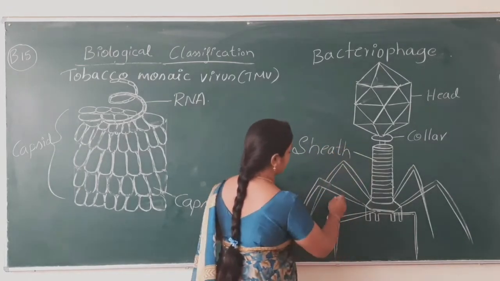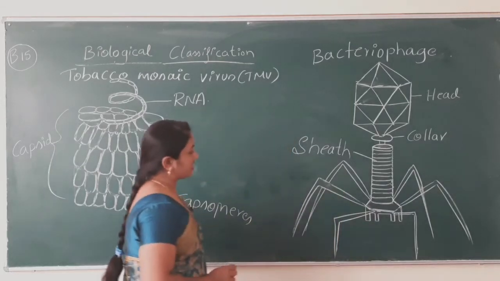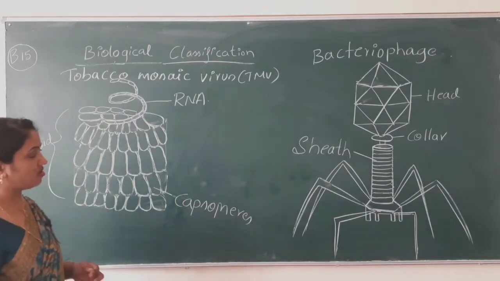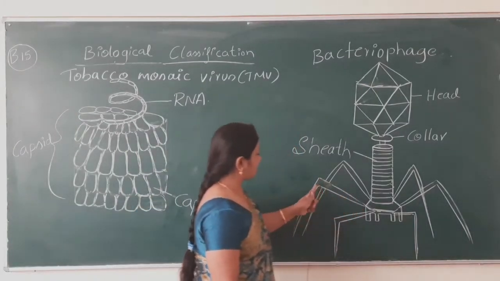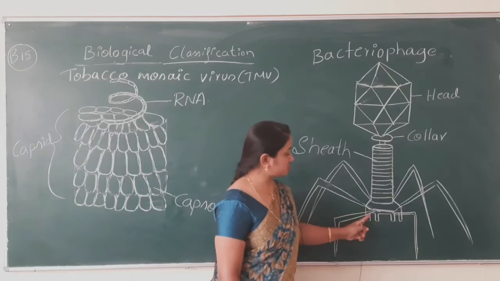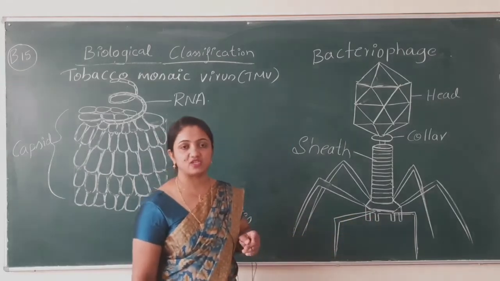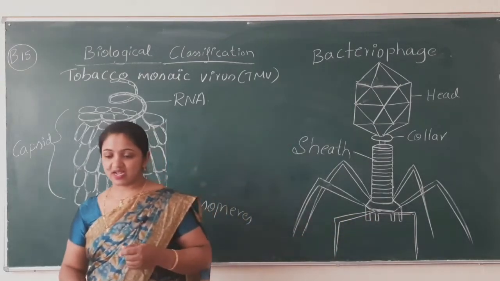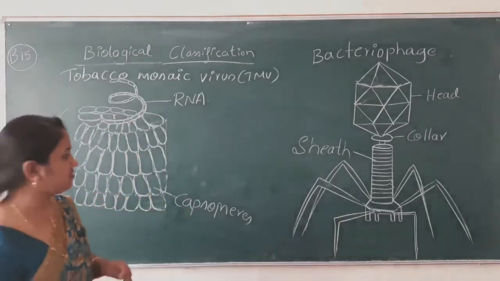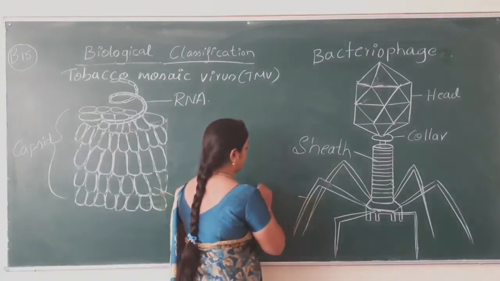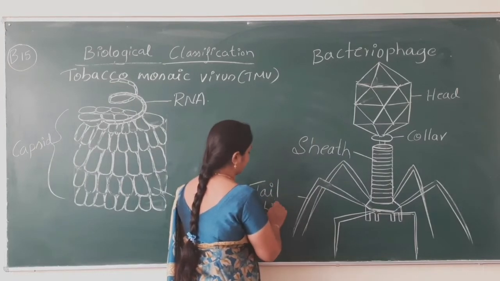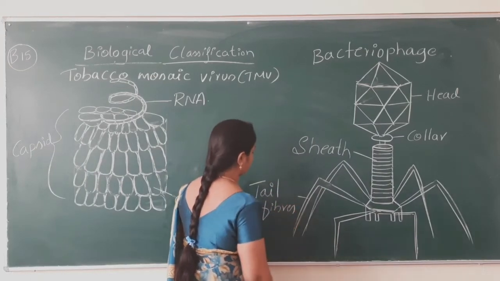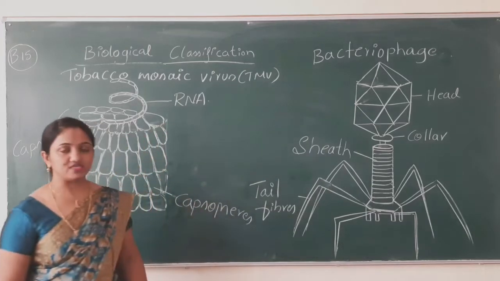And you can see 3 pairs of spikes present at the posterior end of the bacteriophage. So what is that? It is nothing but tail fibers.